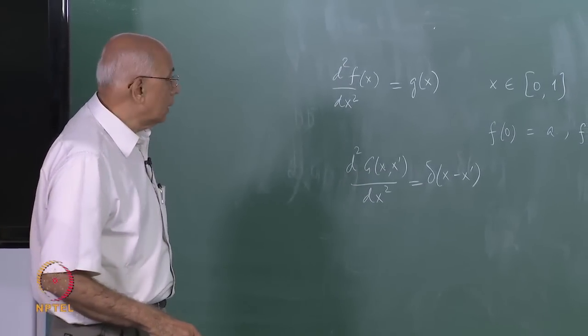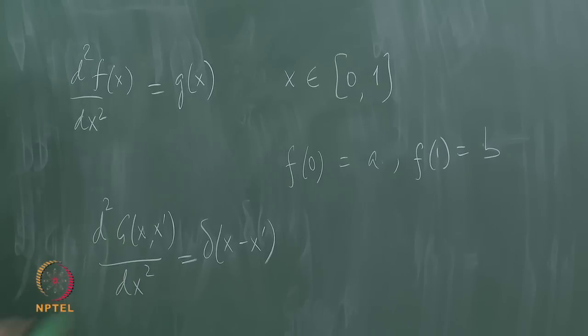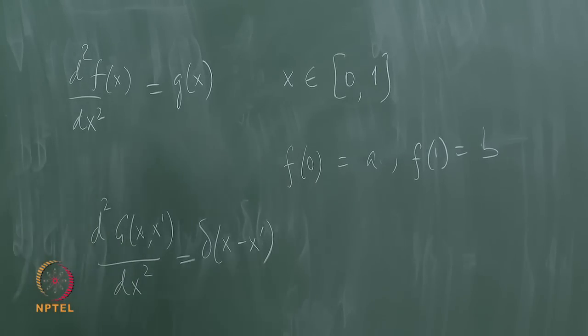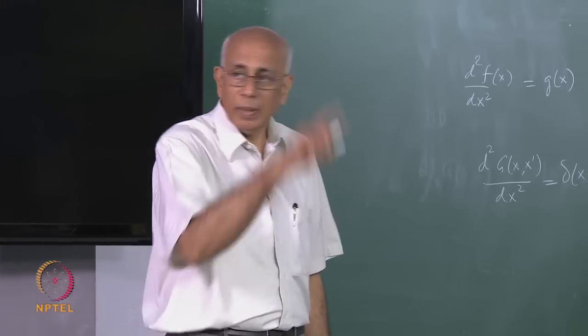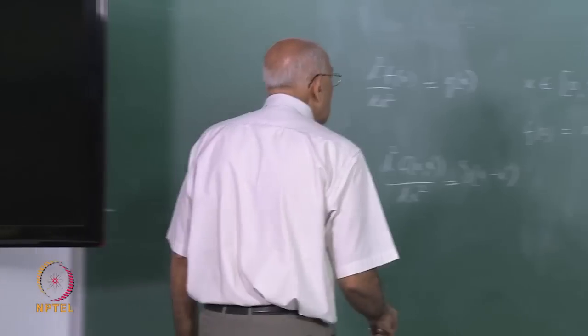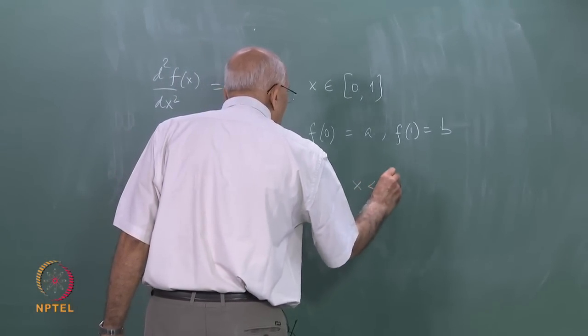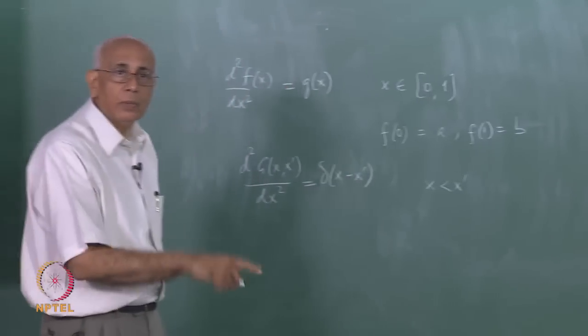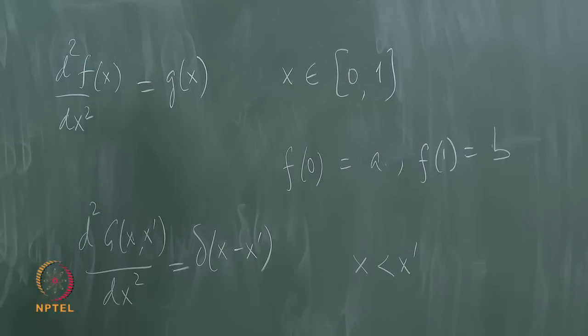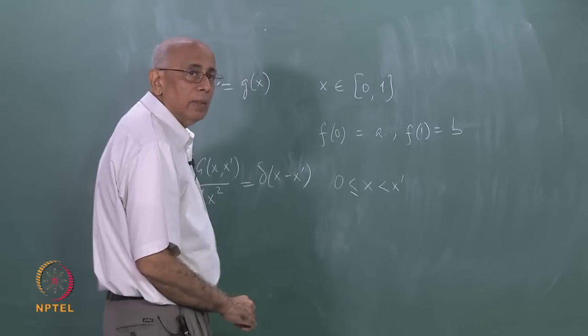Okay. So what it says is that the second derivative of this with respect to x is essentially 0 except when x equal to x prime. So it is a big jump, a delta function jump at x equal to x prime. So let us first solve it in the region x less than x prime, and then we solve it in the region x greater than x prime. So 0 less than or equal to x less than x prime.